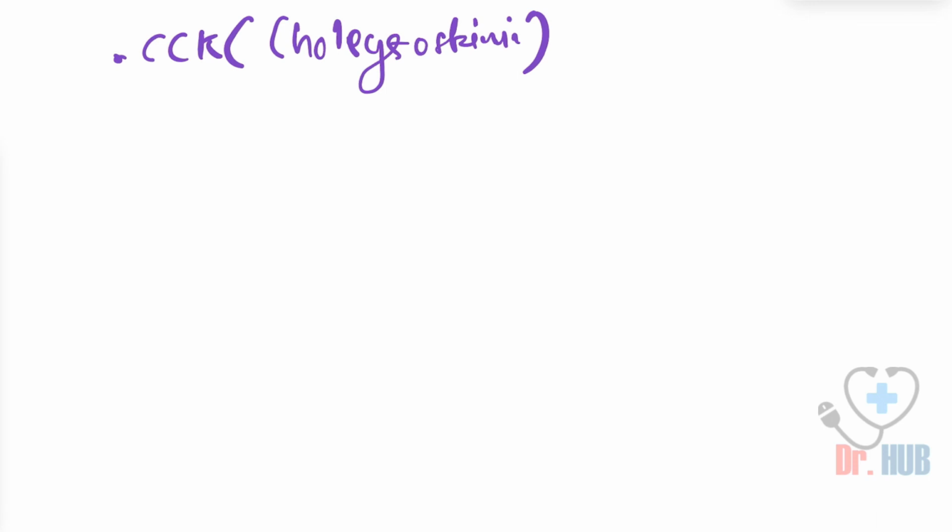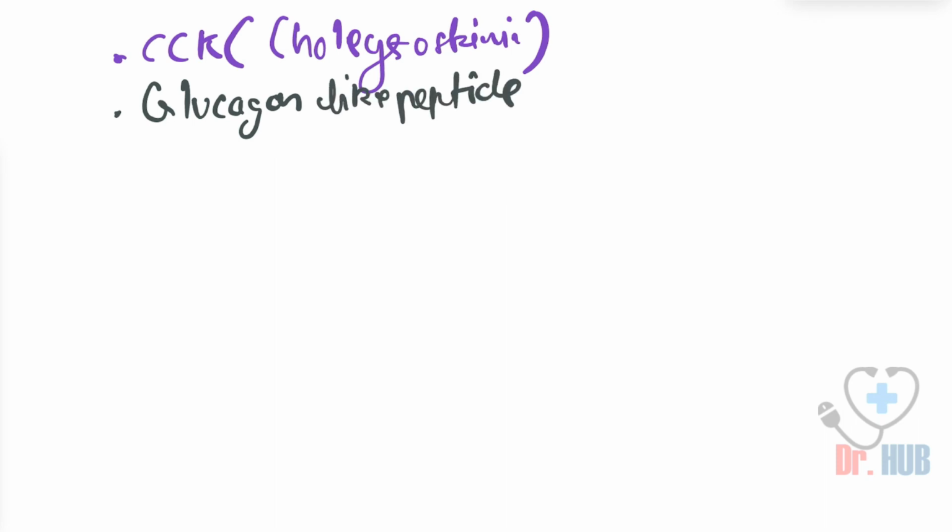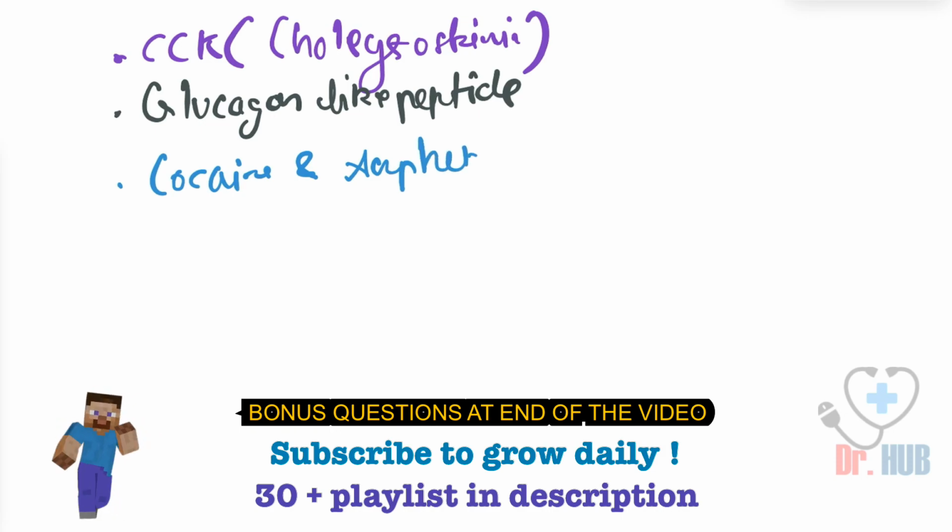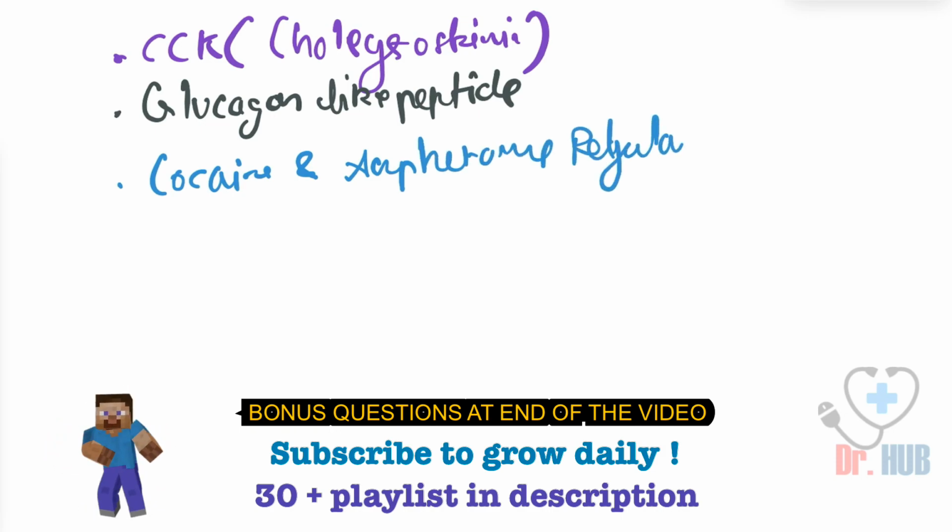After this, there is also the glucagon like peptide, and there is also the cocaine and amphetamine regulated transcript.